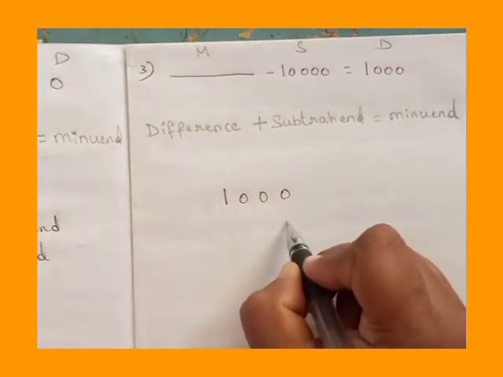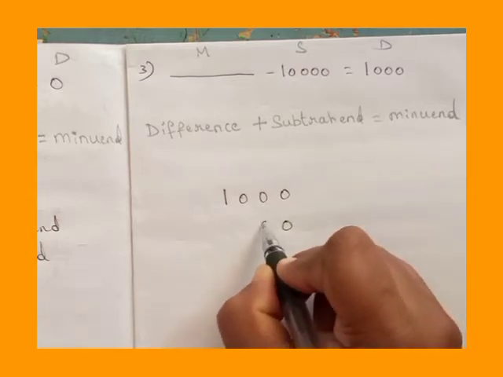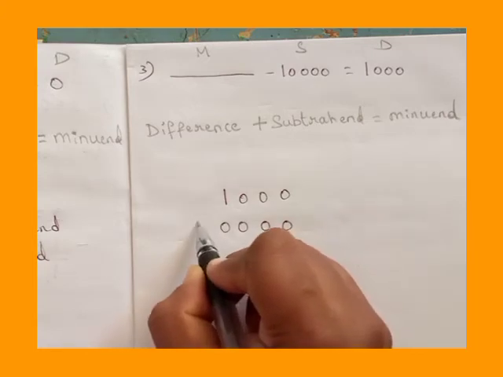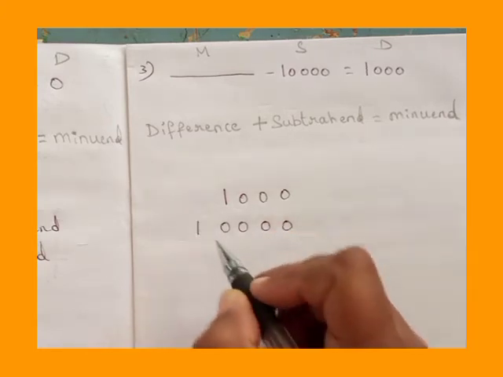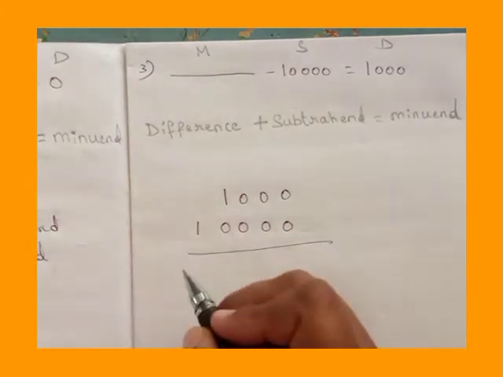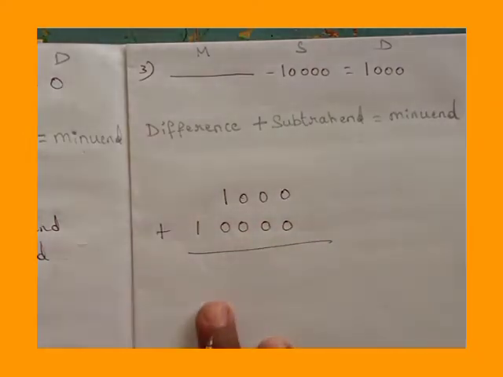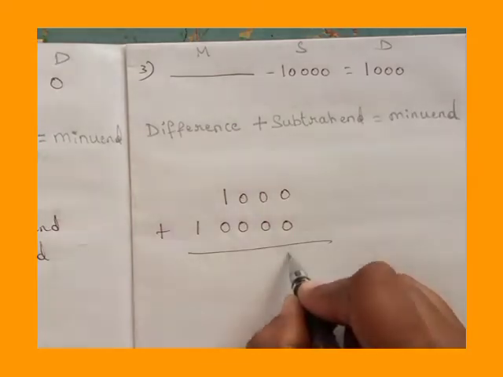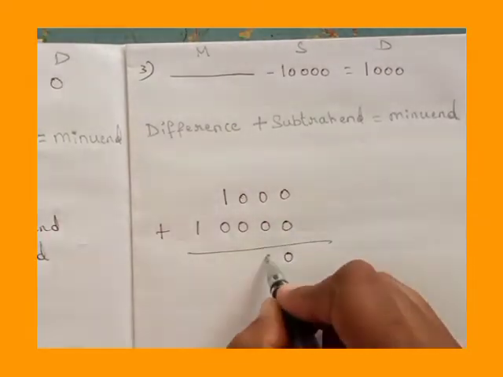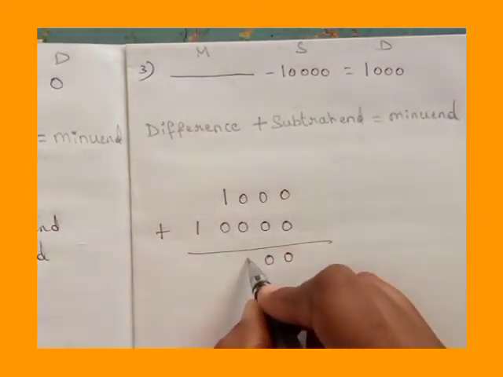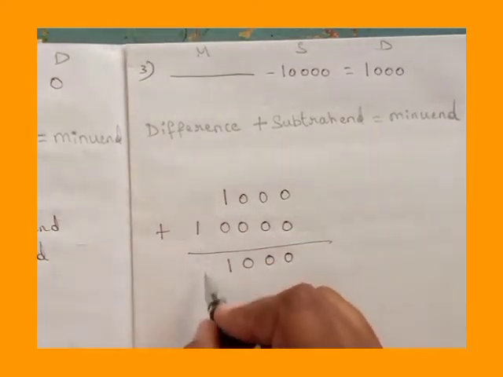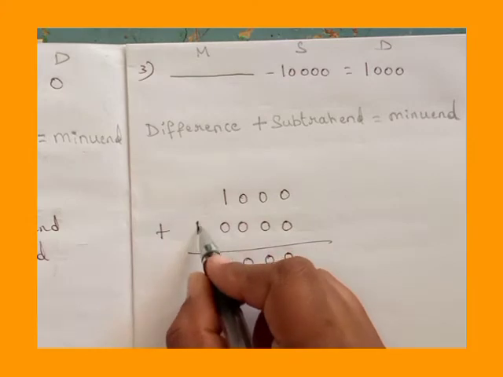So start from ones place: 0, 0, 0, 0, then 1. So what you need to do here? Add, plus. So now 0 plus 0, 0; 0 plus 0, 0; 0 plus 0, 0; 1 plus 0, 1. Then here no numbers, dear children, in the 10,000 place.